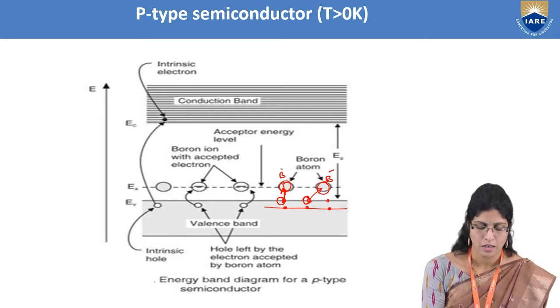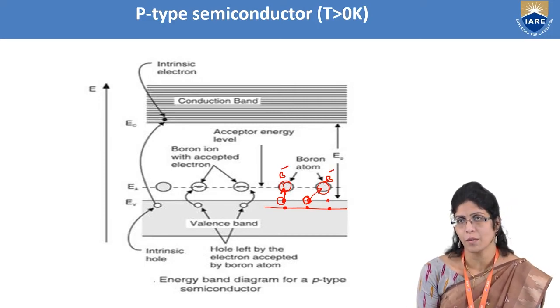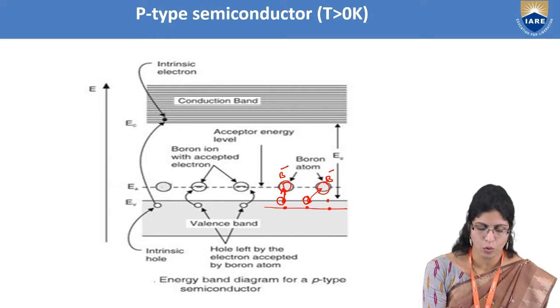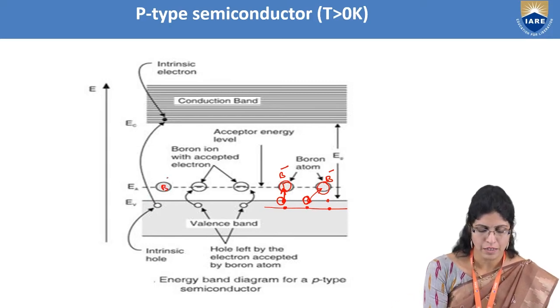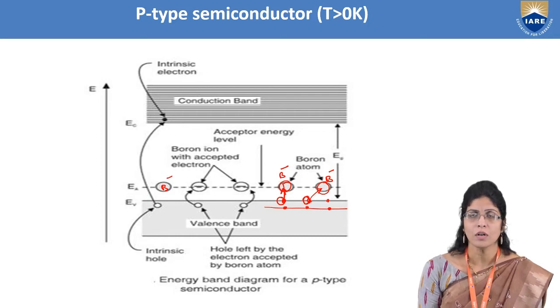After this, next it may go. So what are you seeing here? The more the number of holes being formed. Suppose all of these are over. Okay, five I have added and five are over. So this also has converted to B minus. Everything has converted. So what will happen now?